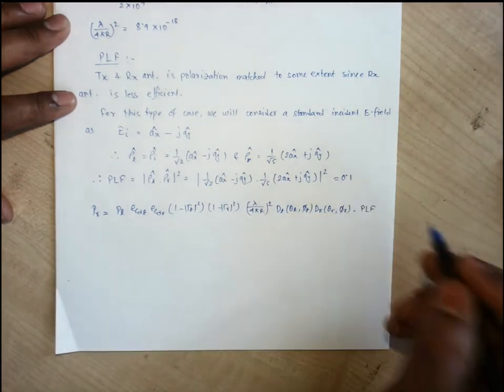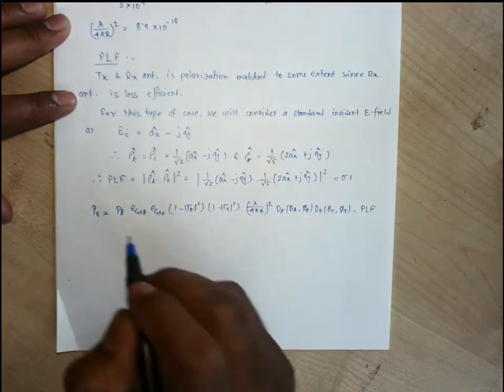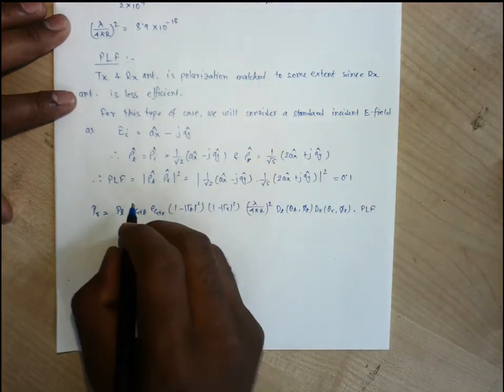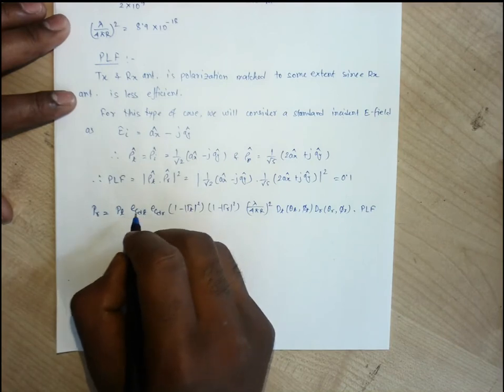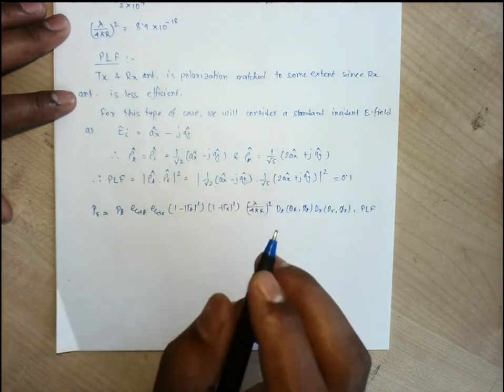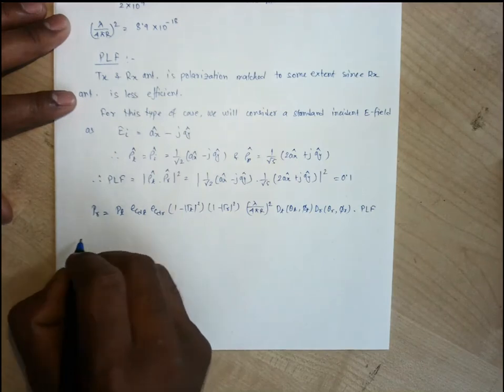PLF is known, we have derived this value. PR we have been found, PT also we know, ECDT it has been assumed as 100% efficient, ECDR it has been given on the problem. So in this way we will go.